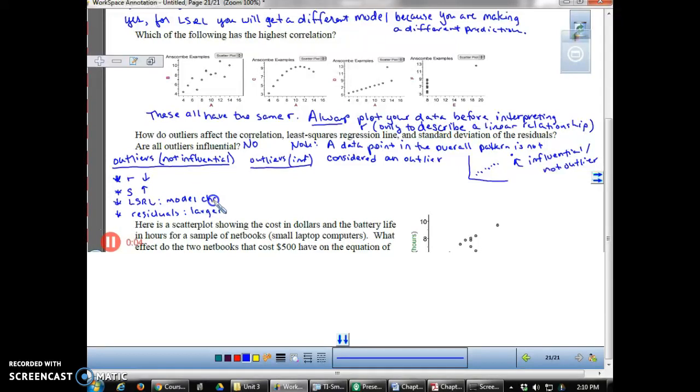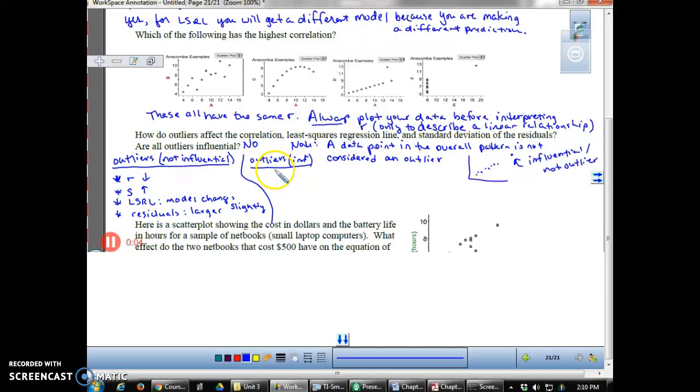The model changes slightly. This would be a scenario where you have an outlier, but it's not really pulling the line to it, so it doesn't have a huge impact on the model itself. But you will have a larger residual, so that will increase your S, because your S is basically the average size of your residuals, and the linear relationship will decrease.